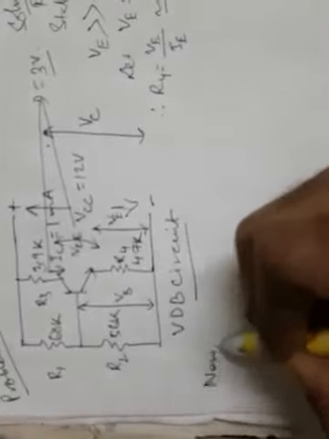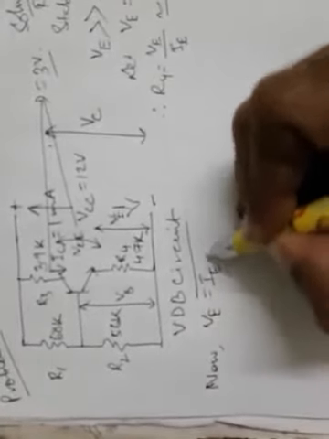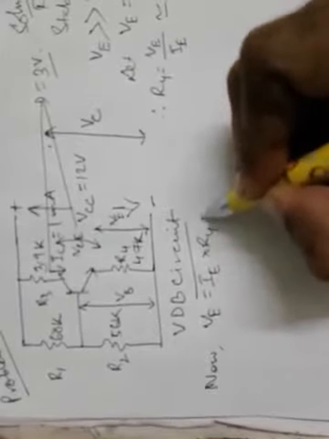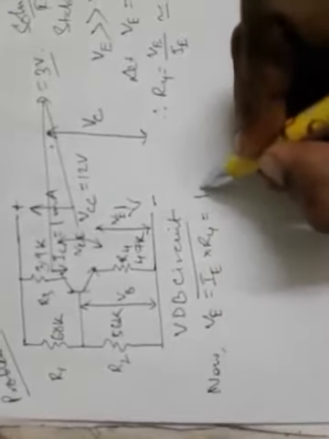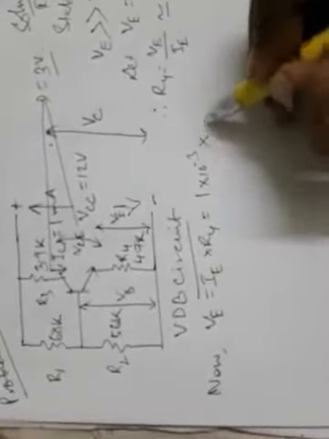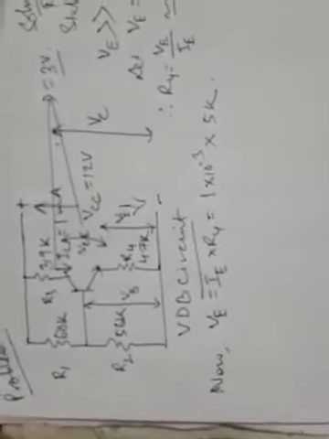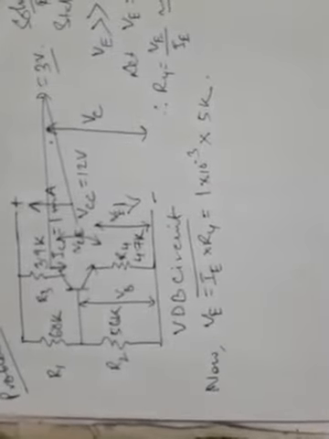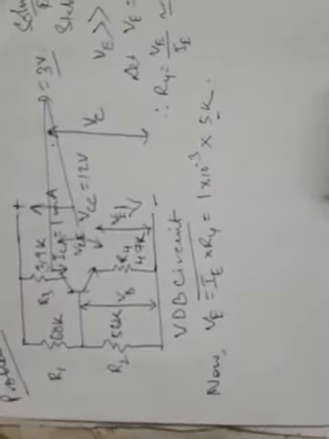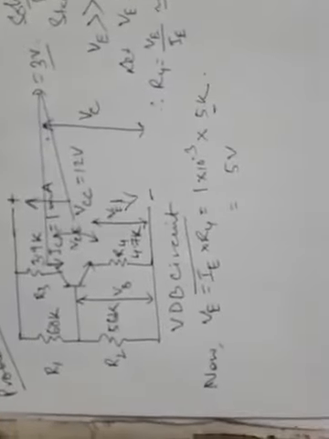Now we can also write VE equal to IE into R4, that is 1 milliampere into 5 kilo ohm. Now this should be 5 volt.